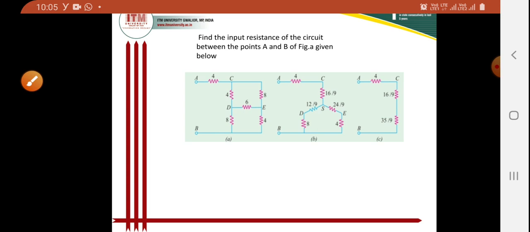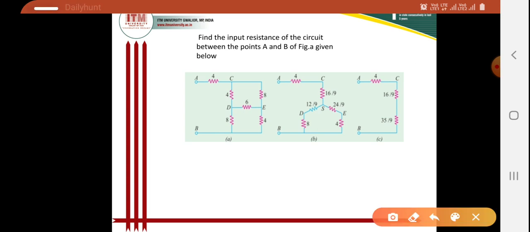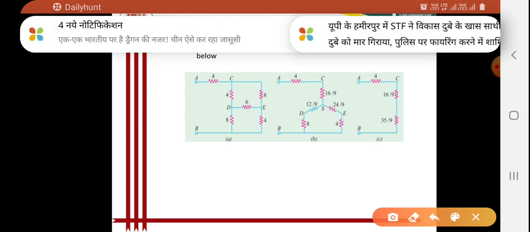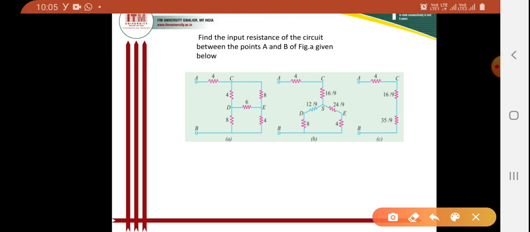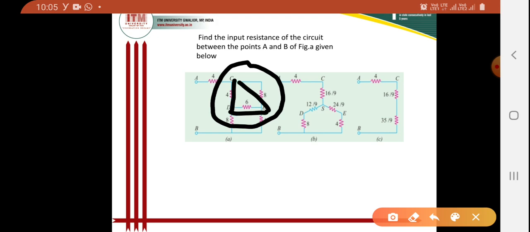So when we calculate the equivalent resistance here, we can consider this part of the circuit, that is CDE, because this is a delta connection. See this and this, it is similar to a delta connection.